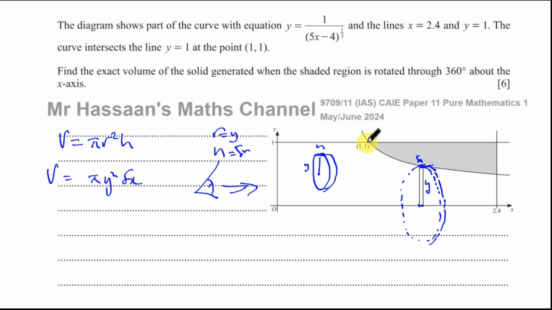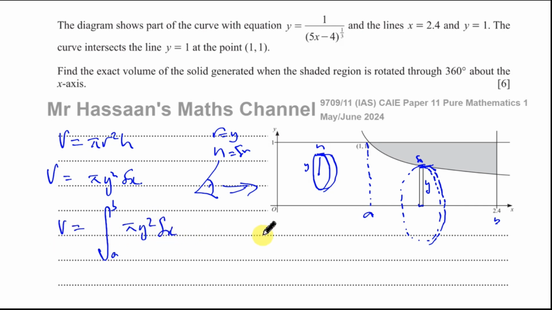Now, if we find the sum of all the cylinders from the beginning, let's call that A for now, to the end, let's call that B, and we find the sum of all those cylinders, well, that's what happens when we integrate. When you integrate, it's just finding the sum of all of these little cylinders between A and B, pi times y squared dx.